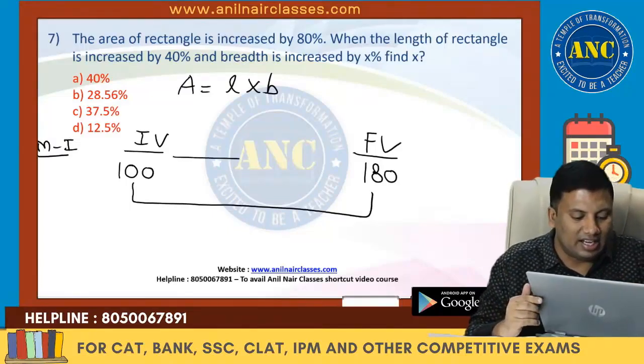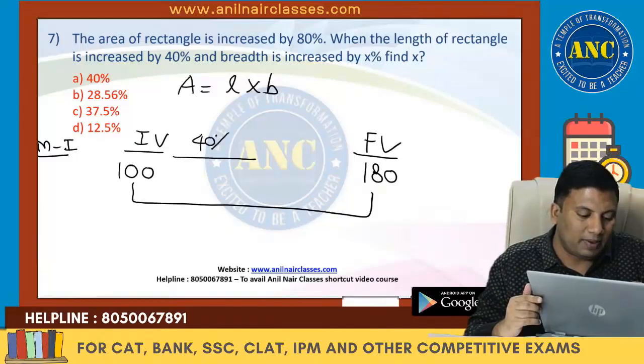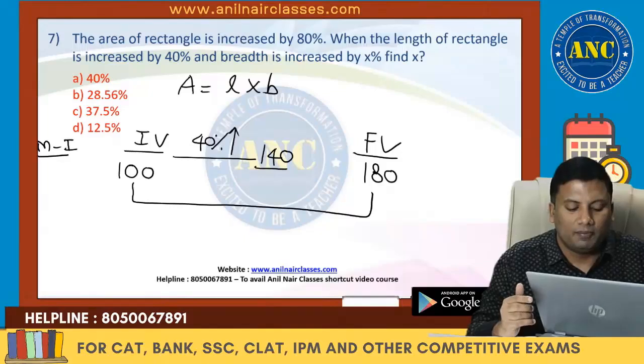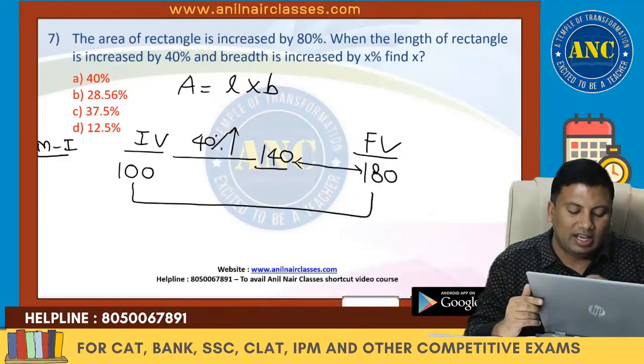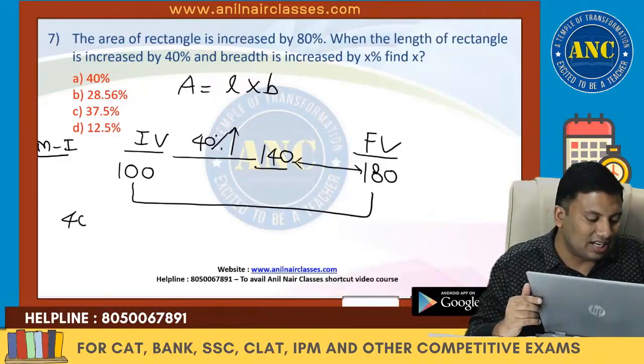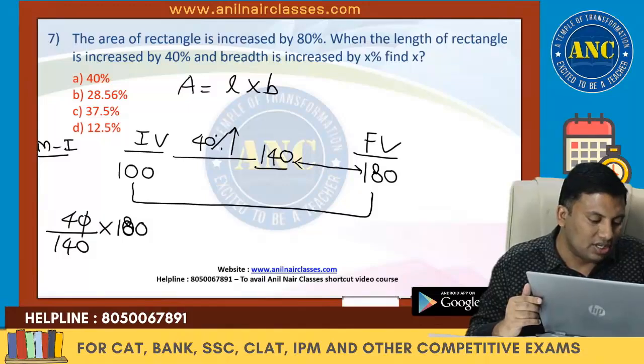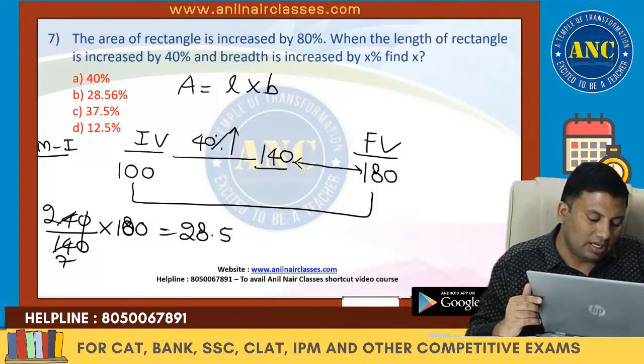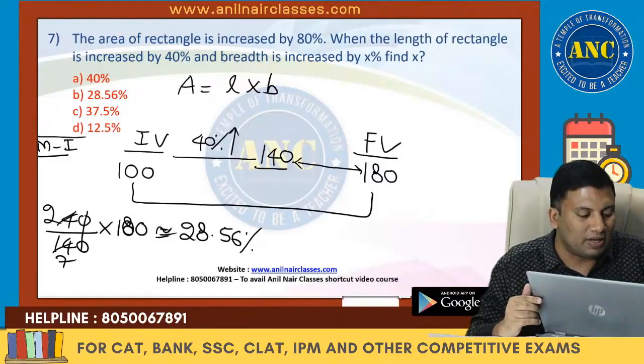Length is increased by 40%, so this is 140. Breadth: 140 became 180. It is nothing but 40 increase on 140 into 100%. Zero cancels, 2 2s are 2, 7 2s are 14. 2 by 7 is nothing but 28.56 approximately. I hope this method is clear.